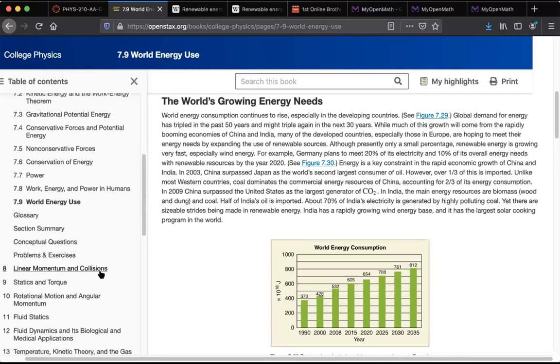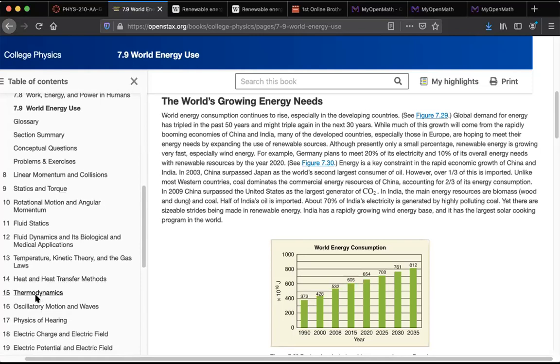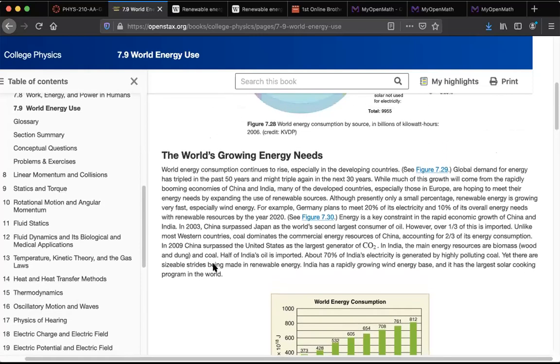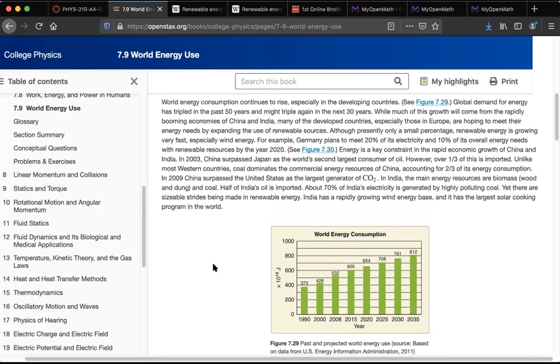Later on in the course, when we get into thermodynamics, that's chapter 15, we're going to talk about why every time you convert energy from one form to another, there's always going to be a little bit of heat that gets generated, waste energy that shows up as heat. Okay, so everything that we do here on planet Earth that involves energy is going to generate some heat.